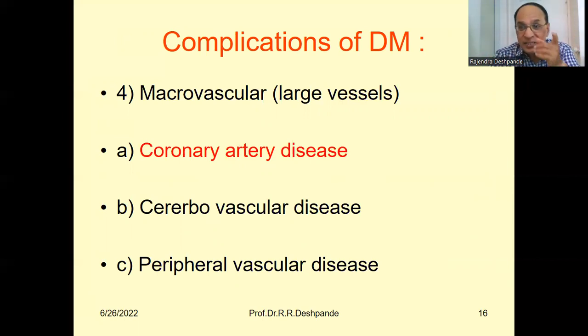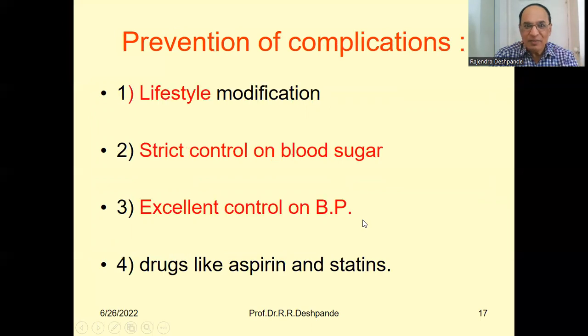Silent heart attack is a specialty of diabetes mellitus, so difficult for diagnosis. Cerebrovascular disease: thrombosis, embolism, hemorrhage in the brain, and then paralysis. Paralysis is a complication of diabetes mellitus, okay? Peripheral vascular disease: tingling, numbness.